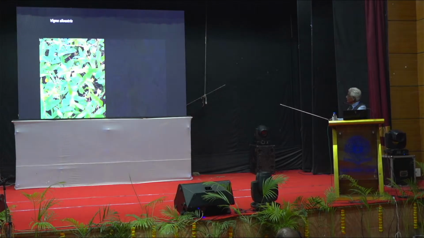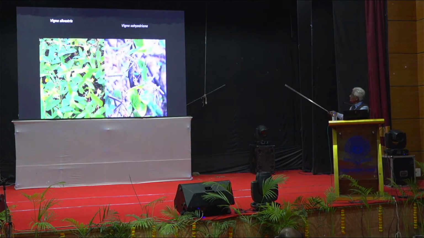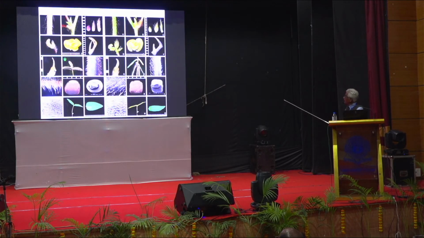So anyway, now Vigna sylvestris and Vigna sahyadrica. Now see, I am showing both the photos together, and this is a newly described species which has a lot of importance in plant breeding, right? So see Vigna sahyadriana and Vigna sylvestris.